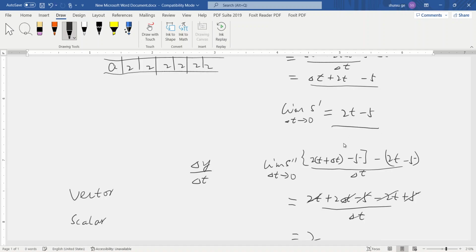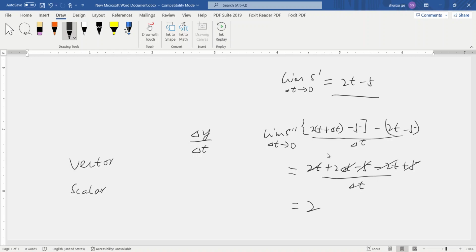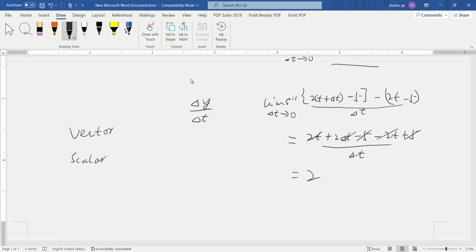Here is the velocity: we take 2 times t plus delta t minus 5, minus the original function, divided by delta t. Then we expand and just get 2. So that means the acceleration a equals 2. So you should understand this. If you understand math, it's not hard, it's easy.